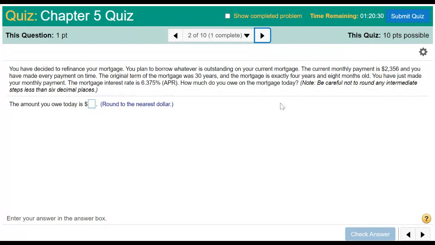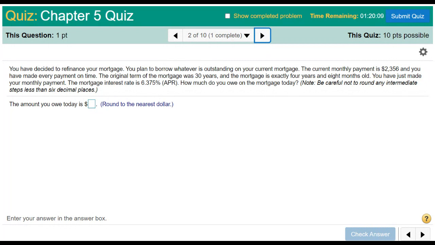They gave us the payment amount, right? So N equals 304. I/Y equals 6.375 divided by 12.